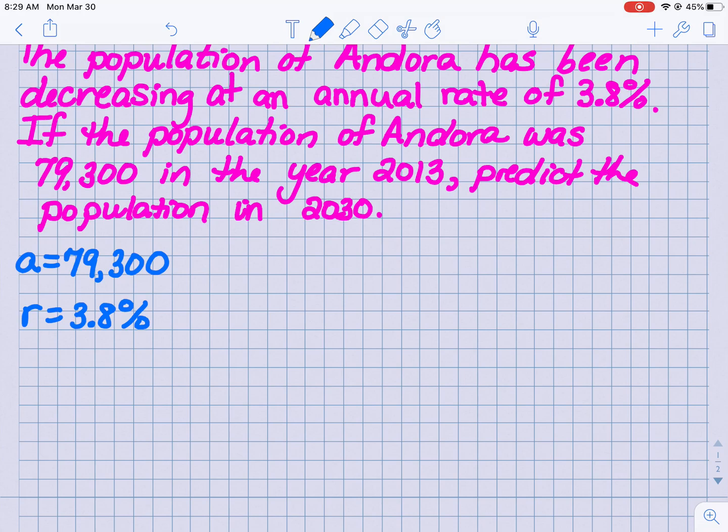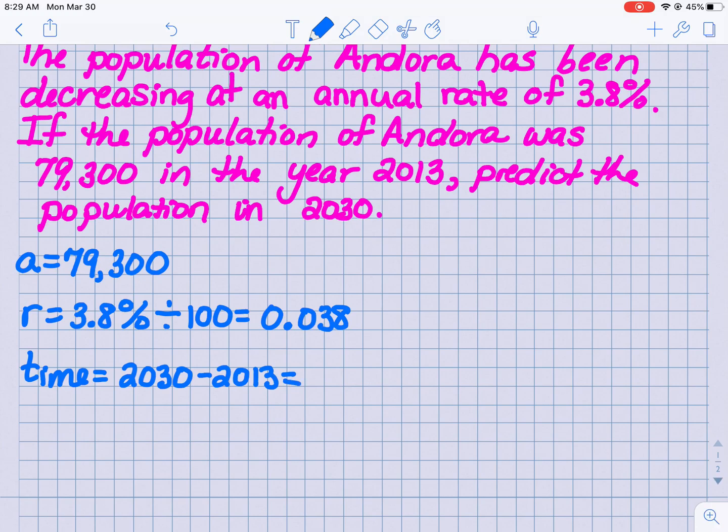When you see percent, that means you need to divide by 100 before putting it in the equation. So it should be 0.038 is our rate. And the time that we're looking at, we have to take the year 2030 and subtract 2013, and that tells us we're talking about 17 years.